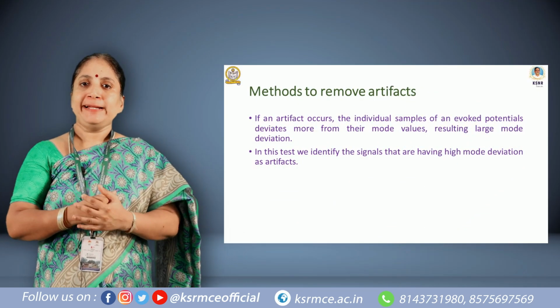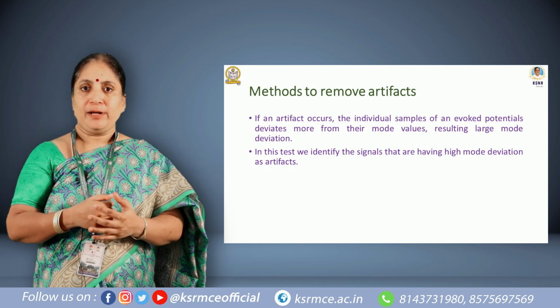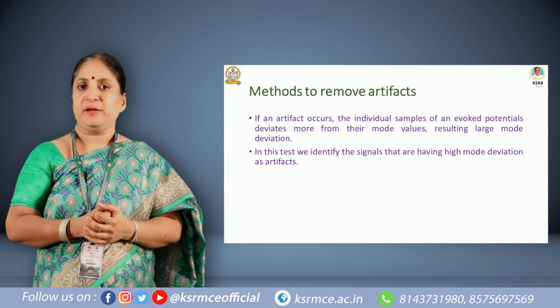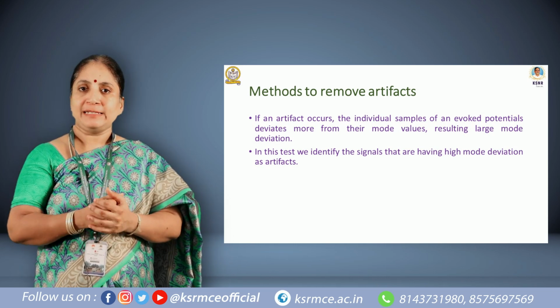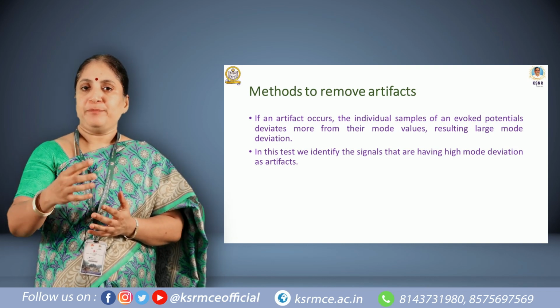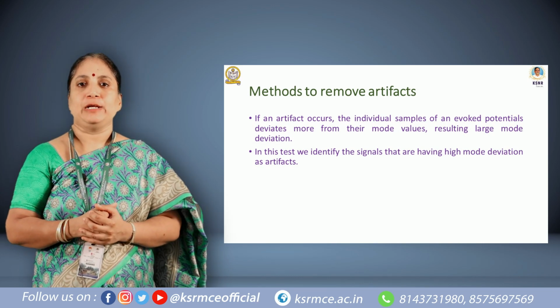By calculating this mode deviation for the various signals, if there is any artifact in a particular signal, then that signal shows more deviation from the mode as compared with the other data set values.